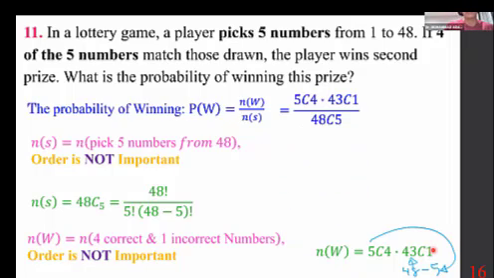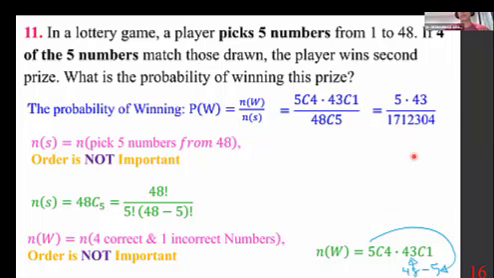So now we have this product divided by this combination. Of course, this is 5 and this is 43. The bottom, you need a calculator. You multiply the top, you multiply the bottom. Here's the answer. If they want it in decimal form, of course, you answer it with however many decimals.